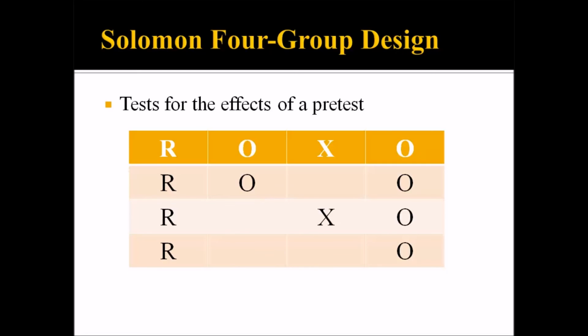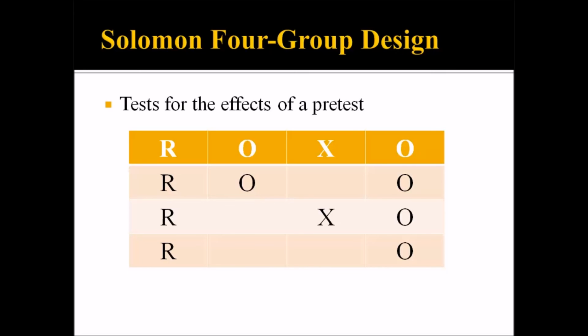So a Solomon 4-group design combines a true experimental design with a 2-group post-test only. And the reason this is done is to test for the effects of a pretest. Sometimes just by administering the pretest, there's an effect. And a Solomon 4-group design allows you to test for that effect.